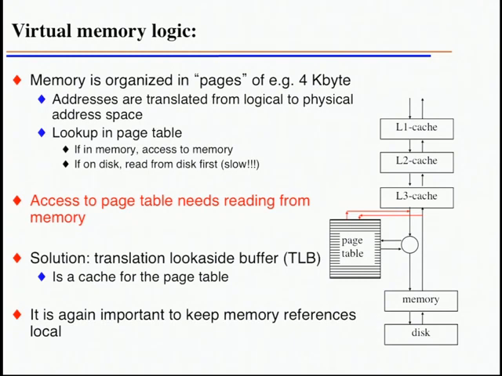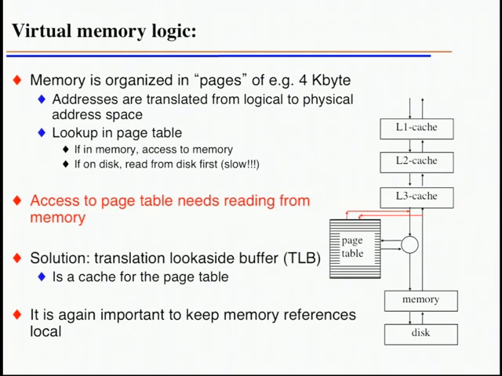So the solution to that is again a cache. This special cache only for the page table, which should be as fast as possible, has a special name. It's a so-called translation look-aside buffer, because it's used for this translation from logical to physical address space. And again, you can only store parts of your page table in this buffer if you have many different memory locations in your code.